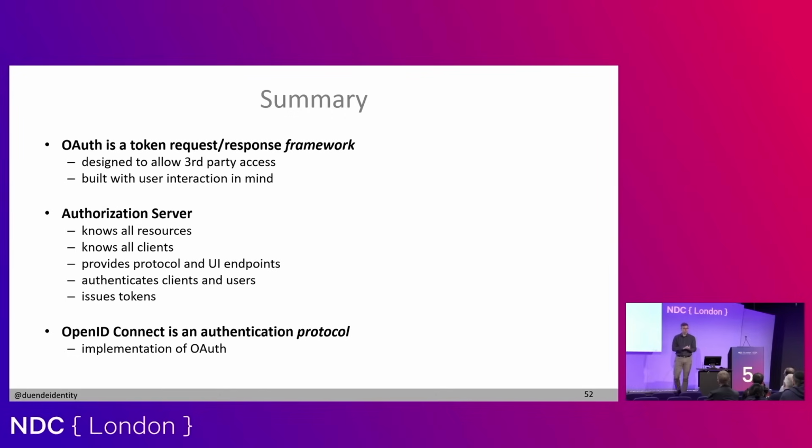It is not deprecated. It's part of OAuth 2.1. We also have CIBA, the client-initiated back-channel authorization flow, which is another kind of specialized flow. It can be used for a call center.